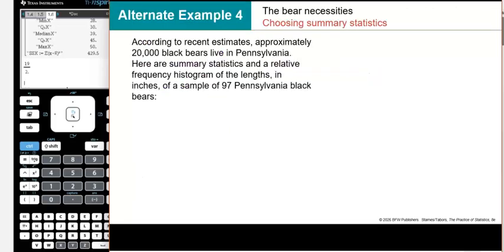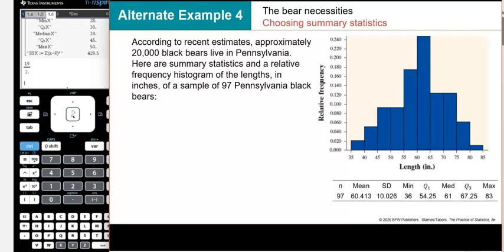According to recent estimates, approximately 20,000 black bears live in Pennsylvania. Here are the summary statistics and a relative frequency histogram of the lengths in inches of a sample of 97 Pennsylvania black bears. These are the lengths and how often they occur.